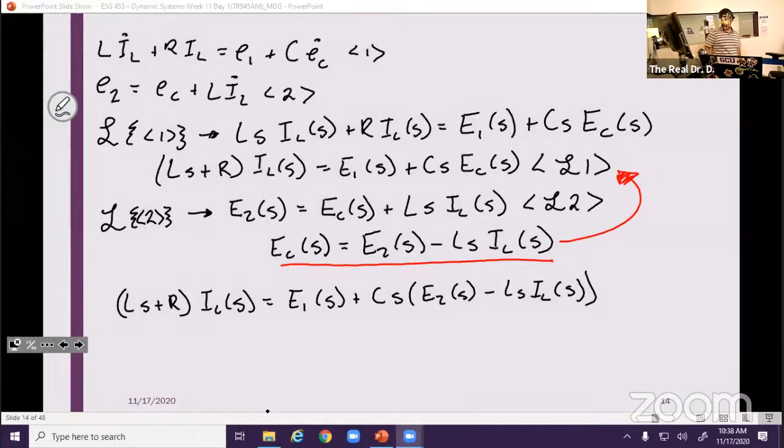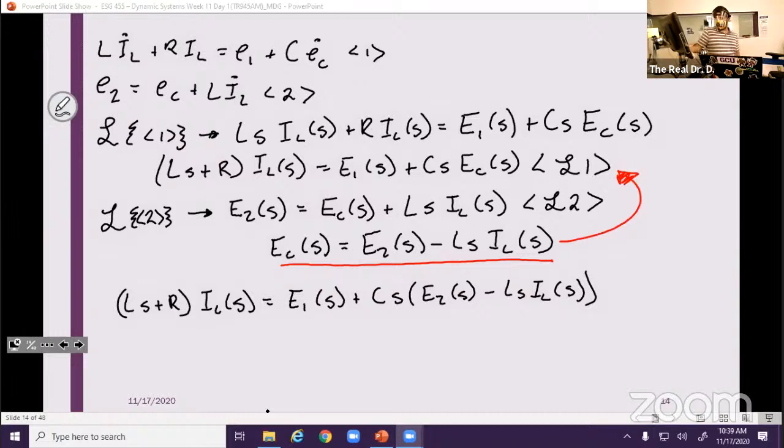All I did was plug in E2(s) minus L s I_L(s) for E sub C. That's all I did. So that whole thing has to get multiplied by C times s. And you can kind of see what's going to happen: we're going to end up with an s squared term, which is important. We'll get to that in a second.